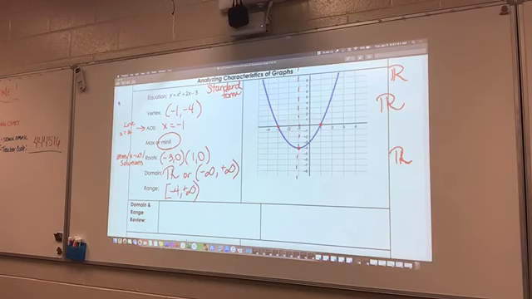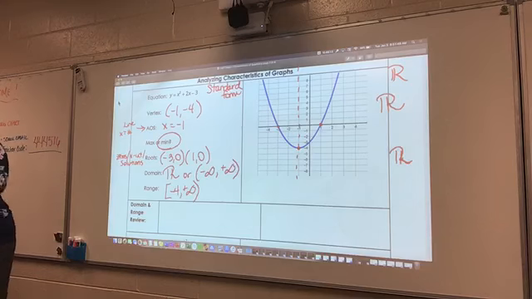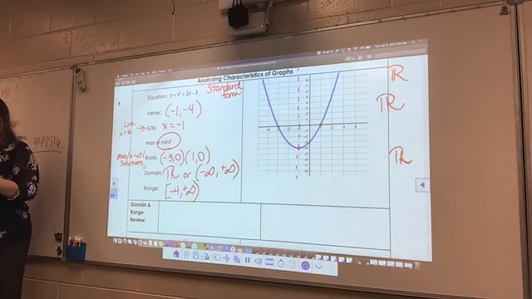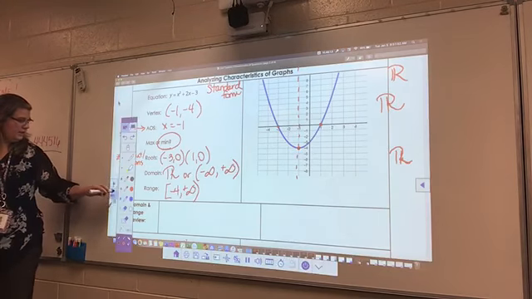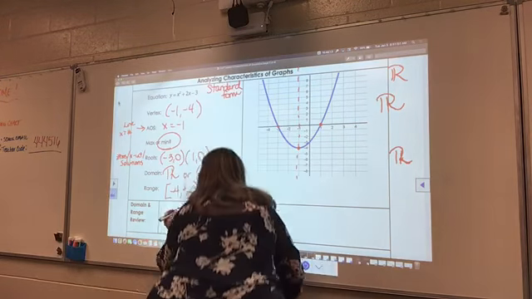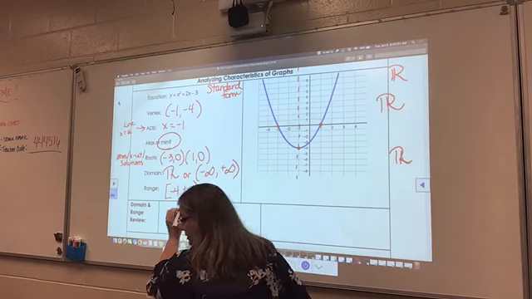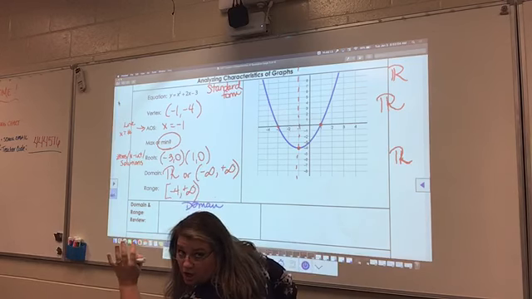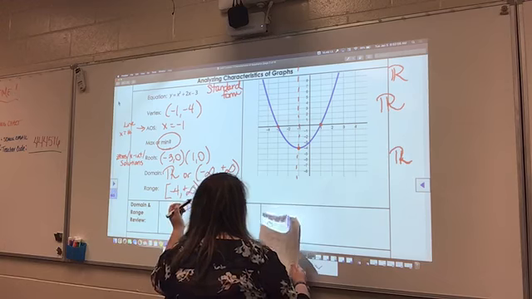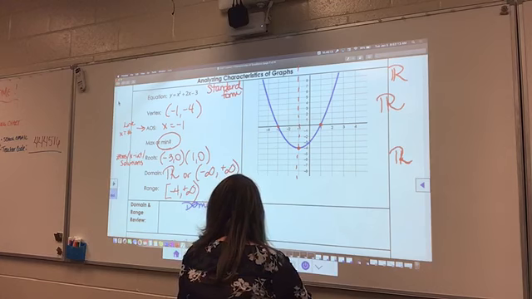You good there? Okay. What I just said about the domain and range is exactly what we're going to be writing right here. Can you see this, or do I need to scooch it up? For the domain, remember, this is all possible inputs.